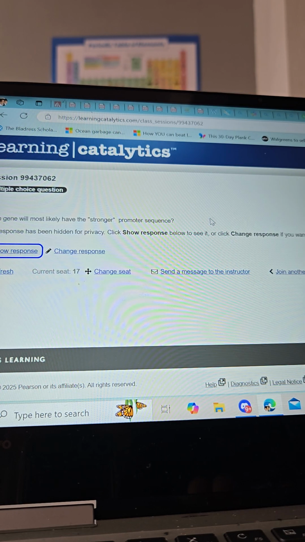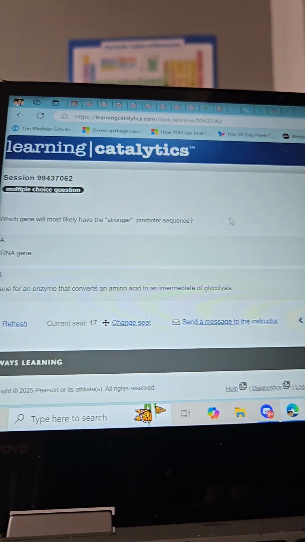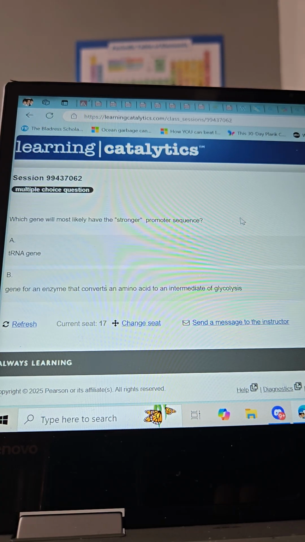So the question says, which one's going to have a strong promoter? A tRNA gene, which makes what, guys? What does a tRNA gene make? Polypeptide chains? It makes tRNAs, right? You need tRNAs to make your polypeptides. Does every cell in the body need to make polypeptides? Yes.